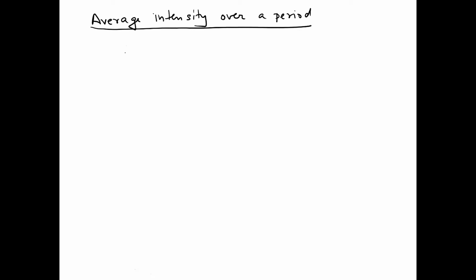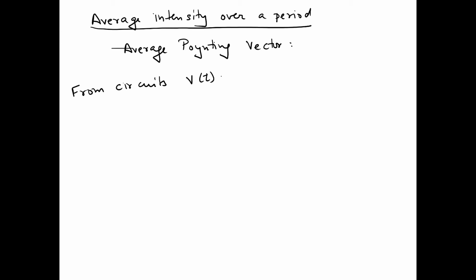We also have an average Poynting vector. And without going into the math, just connecting it with what you have seen before from circuits: if I have V(t) and I(t) as some sinusoidal signals, my instantaneous power at any time is V(t) I(t).